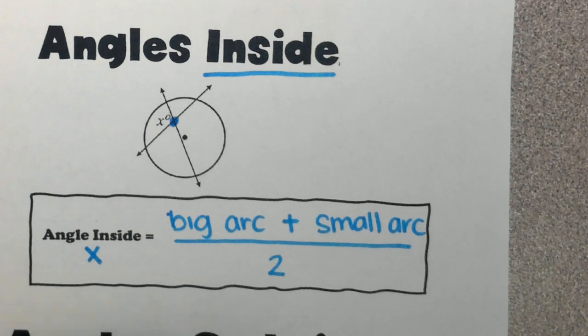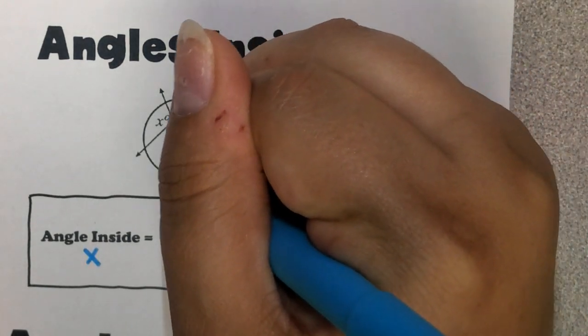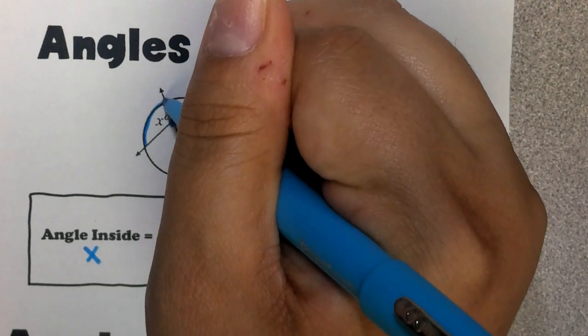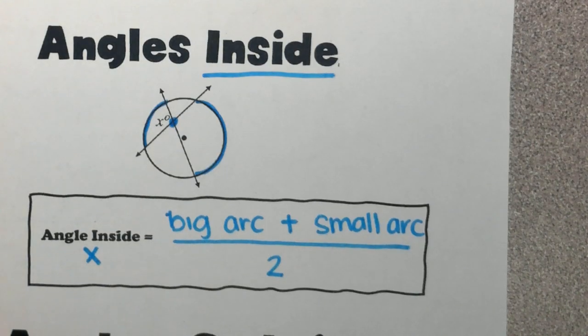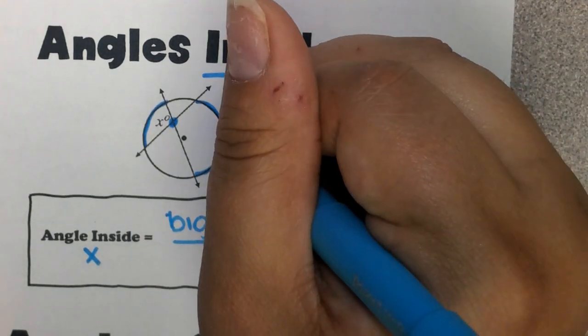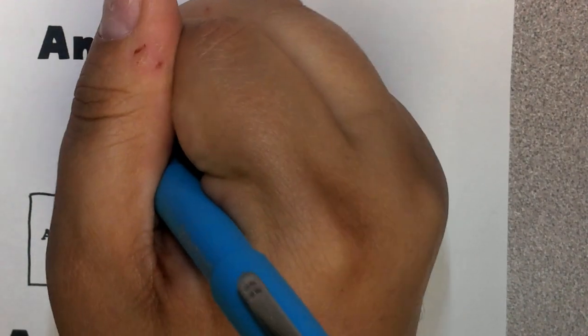Now, the big arc and the small arc are the arcs in between the two lines that are vertical. They're not going to be the same value, but that are vertical to that angle. So this is my big arc. This is my small arc.